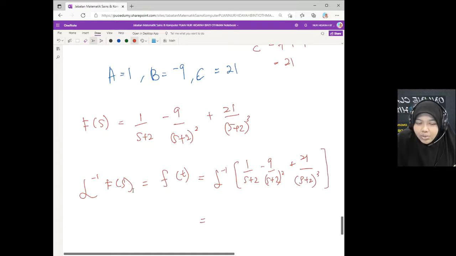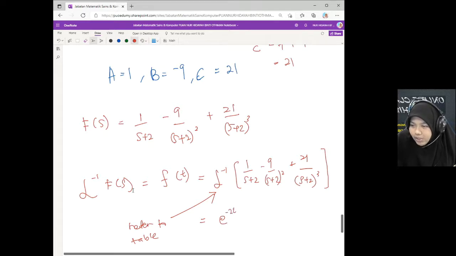So s plus 2 kita tahulah dia punya, we must refer to table. Okay, untuk 1 over s plus 2, kita boleh dapat e negatif 2t lah.